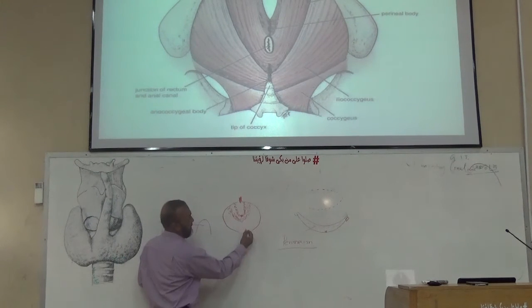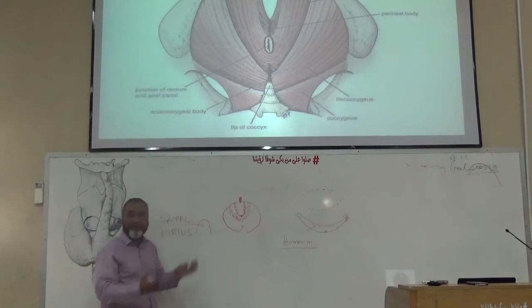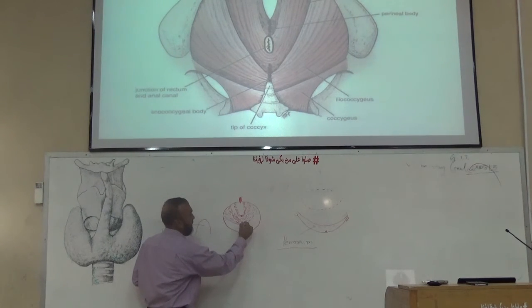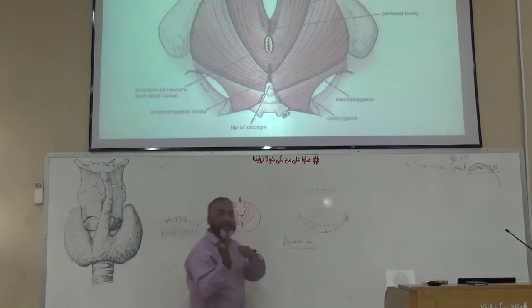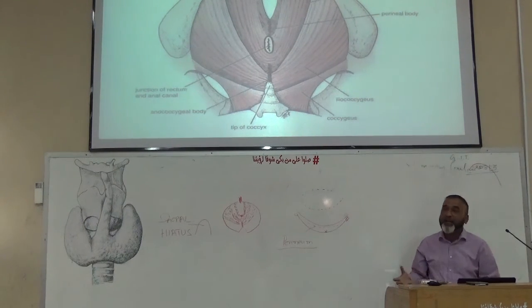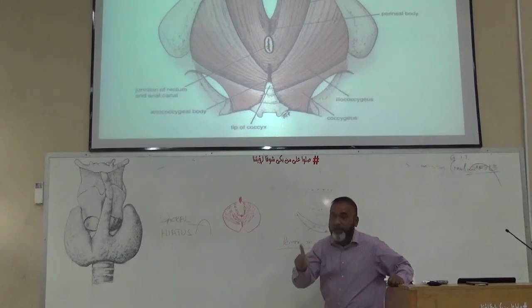What we have behind are these posterior fibers. Behind the rectum there is another fibrous mass which is named the anococcygeal body.